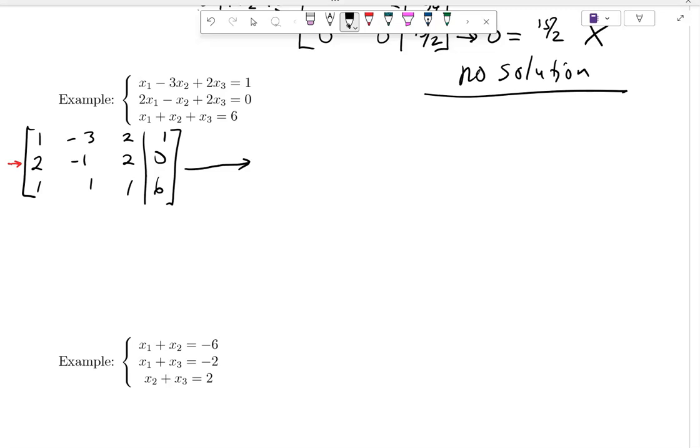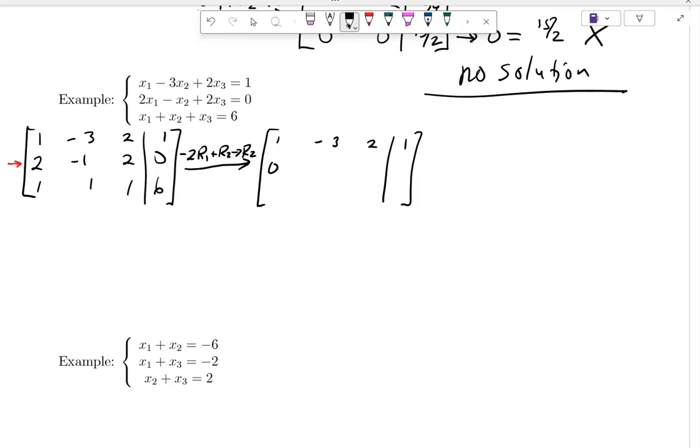Good. Yeah, we need to add -2, right? Always work off the 1 you found to get the zeros below it, right? Or above and below it, okay? So we'll do -2 times row 1 added to row 2, replace row 2. That does not change row 1 at all. And certainly the first entry in row 2 will be a 0.